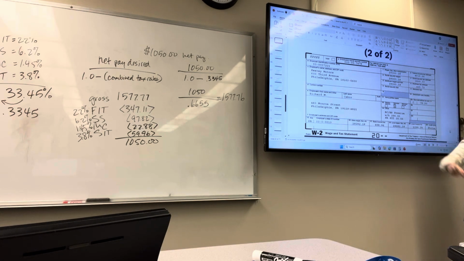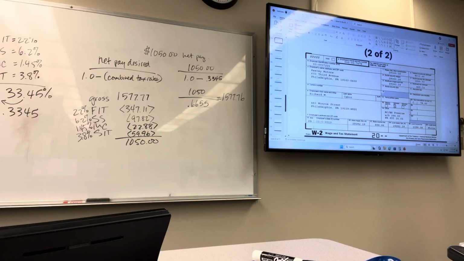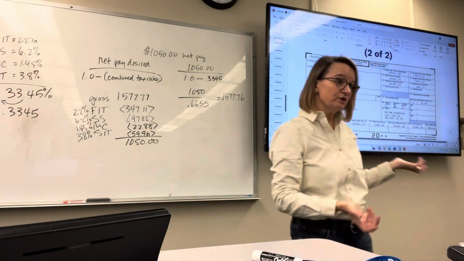Box 3 wages are wages that are subject to Social Security tax. So box 1 could be different from box 3, right? Because box 3, remember, we've got that Social Security wage base, so in 2024 we would never have more than $168,600 of wages that were subject to Social Security tax.